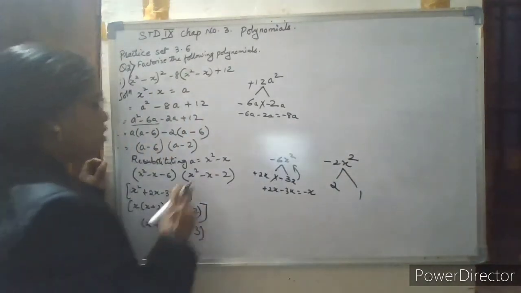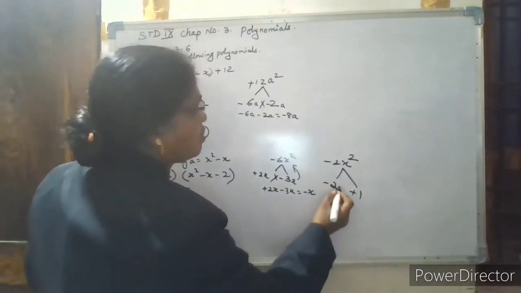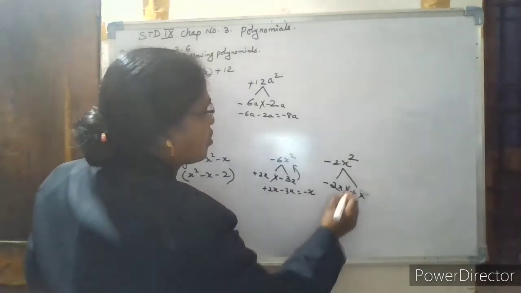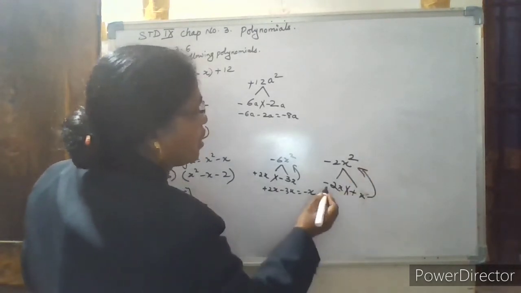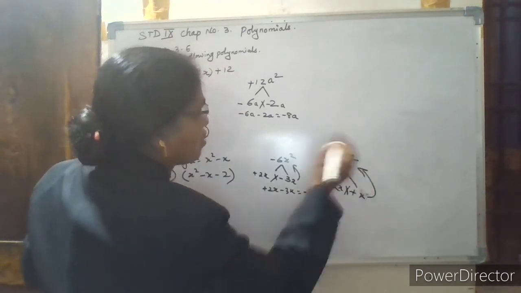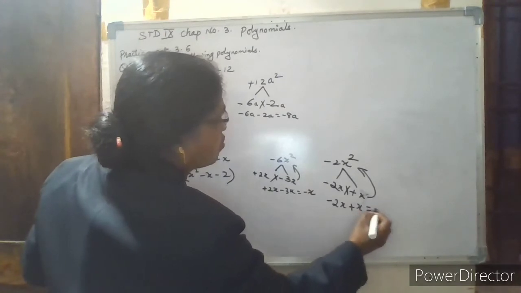But here we have to get minus 1, so if I take it this way, plus into minus is minus 2x, and x into x is x squared. Simplifying, minus 2x plus x is equal to minus x.